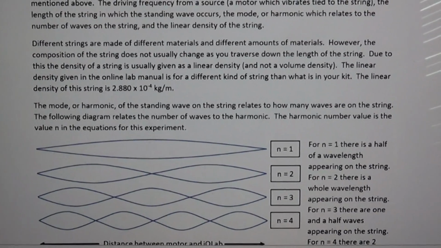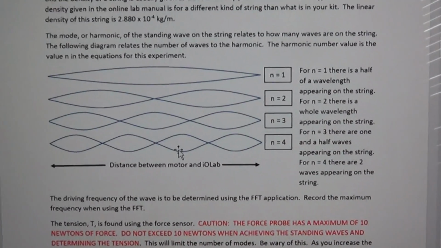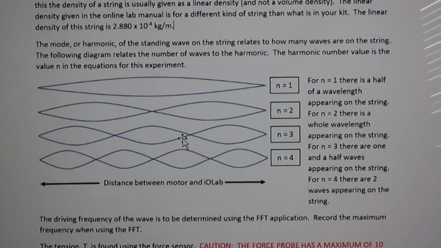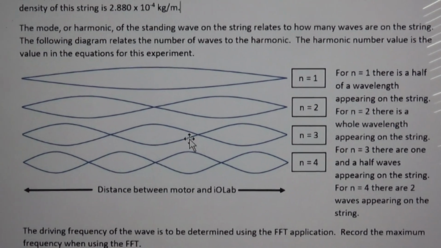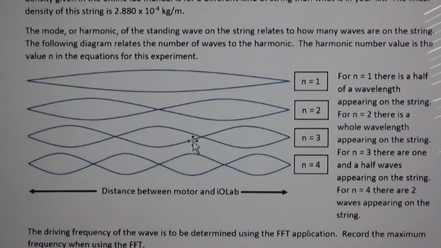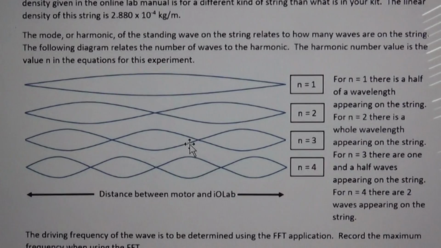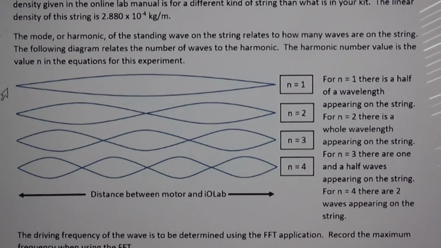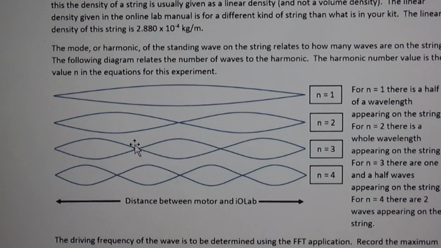When it's all put together, and I'll show you how to put it together when I use my webcam, we're going to allow the motor to vibrate, and that will send waves down the string. When you have tension in the string, the waves will travel much better. Depending on the tension and the length of the string, you're going to be able to get certain harmonics of a standing wave.